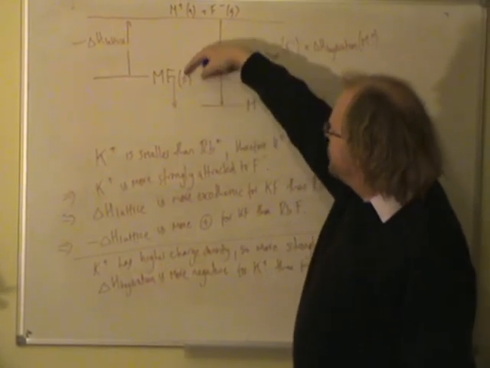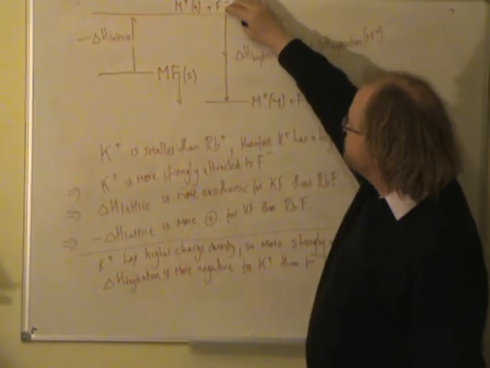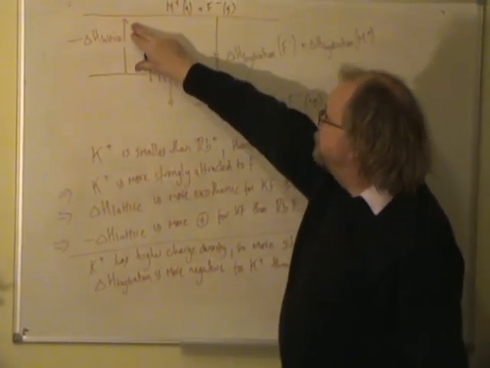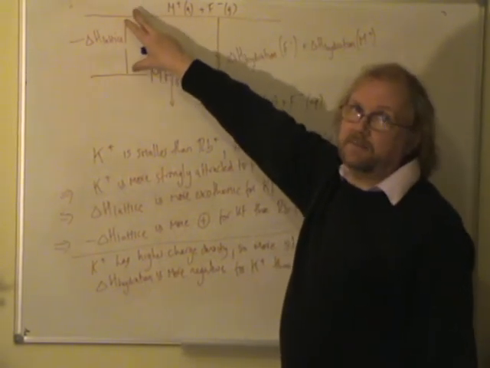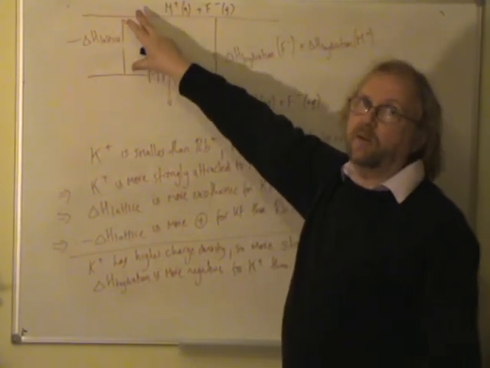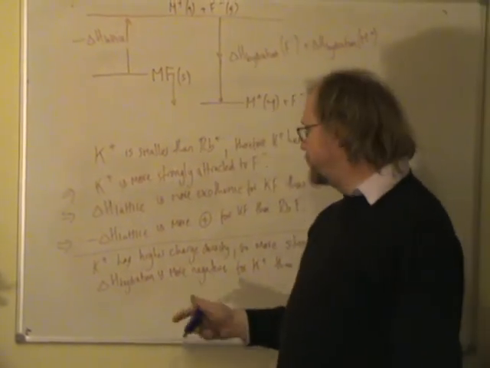Because rubidium fluoride ends up with a more negative change, that must mean that the fact that rubidium ion has a less positive term there outweighs the fact that it has a less negative enthalpy of hydration.